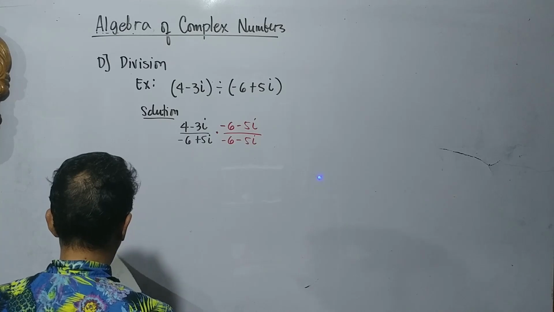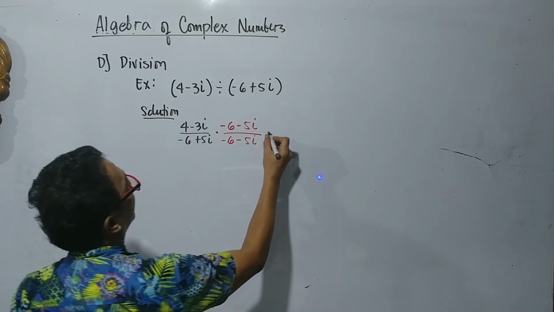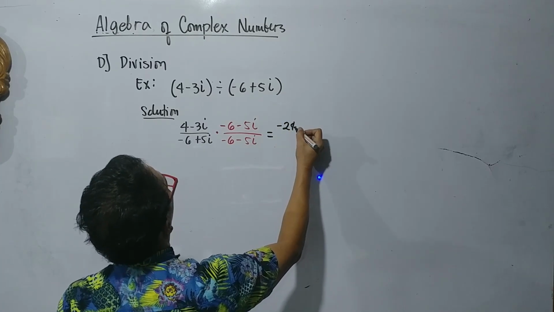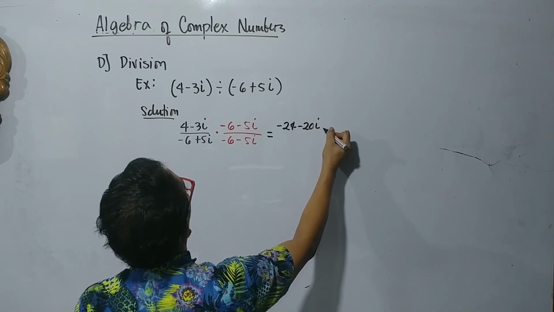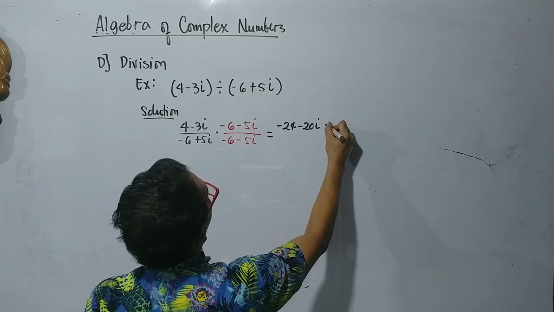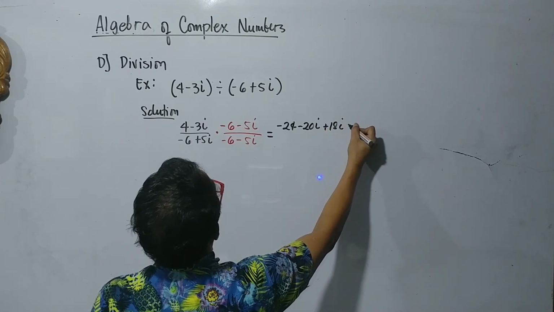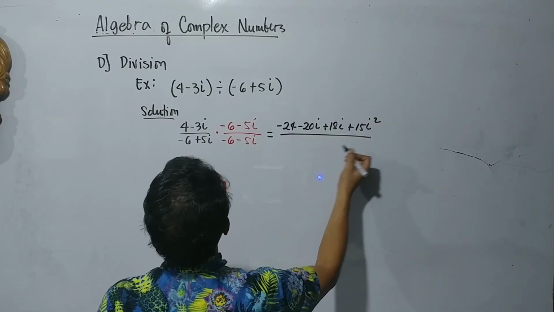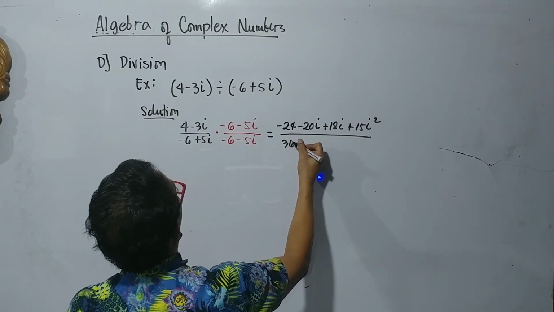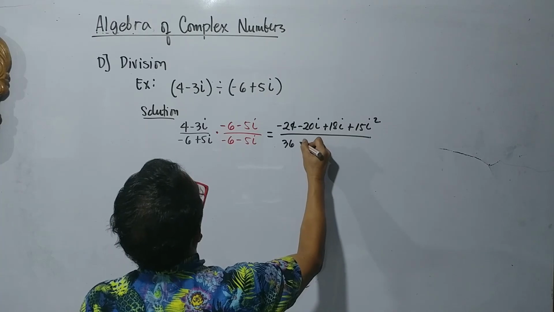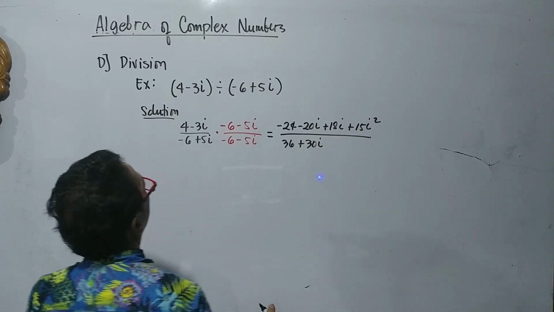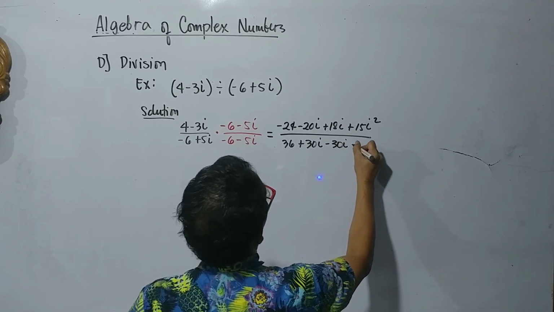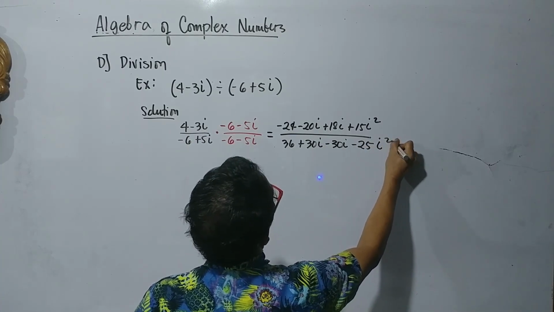So, apply multiplication now. So we have negative 24, negative 20i, positive 18i, positive 15i squared over 36 plus 30i minus 30i minus 25i squared.